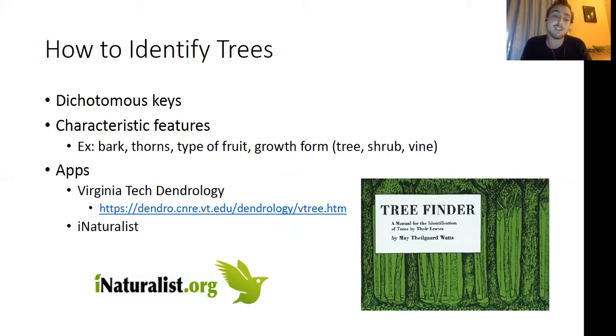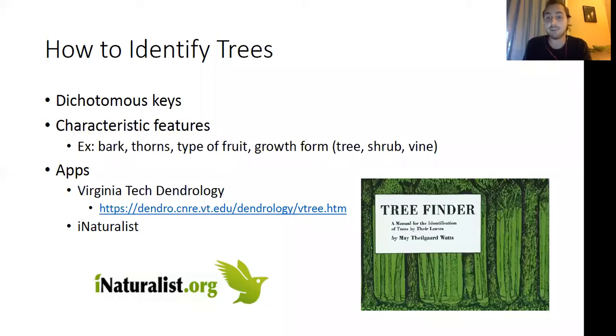Virginia Tech Dendrology. There are links throughout this presentation. I will be sharing this with people so that these links can be used and explored after this course. But the Virginia Tech Dendrology has really amazing resources on the species common in that state.